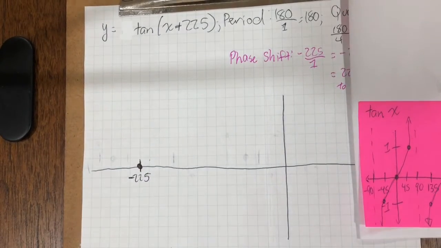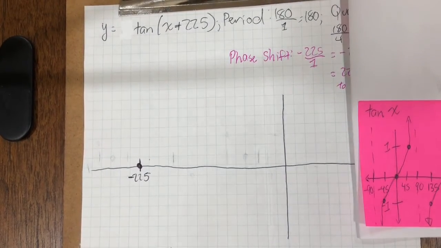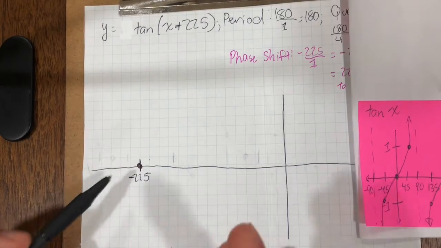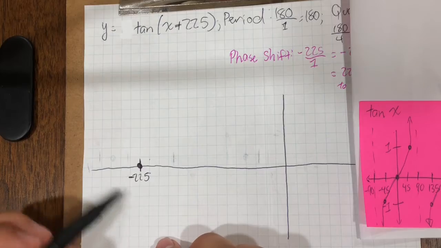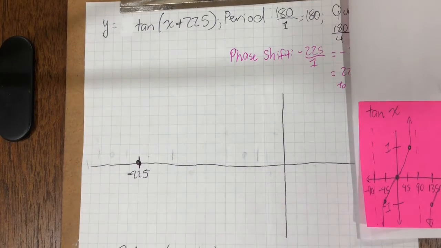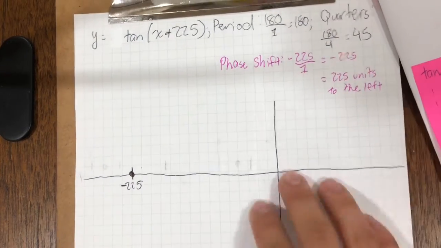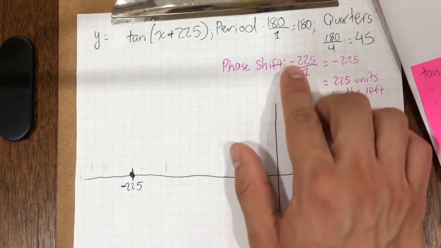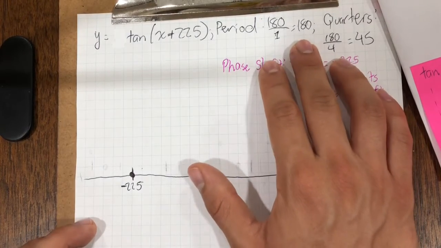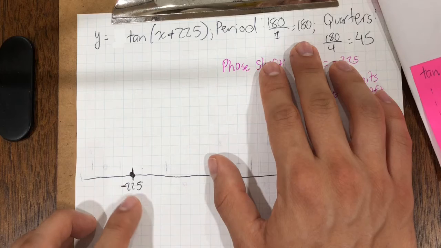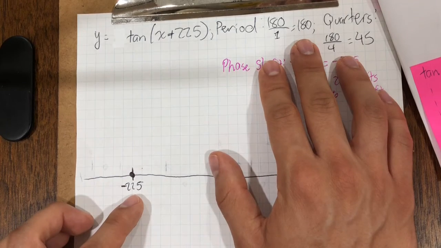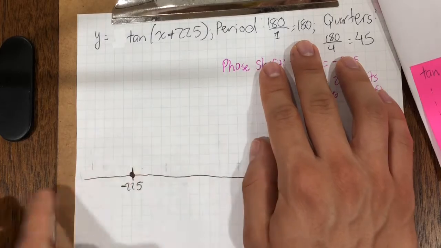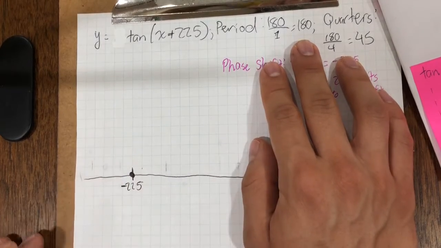All right. So now I have to figure out what the asymptotes are in the range where negative 225 is in the middle. To figure that out, we know that the period in between the two asymptotes is 180. And since this is the middle, I can take half of 180 to figure out my two numbers for the asymptotes.